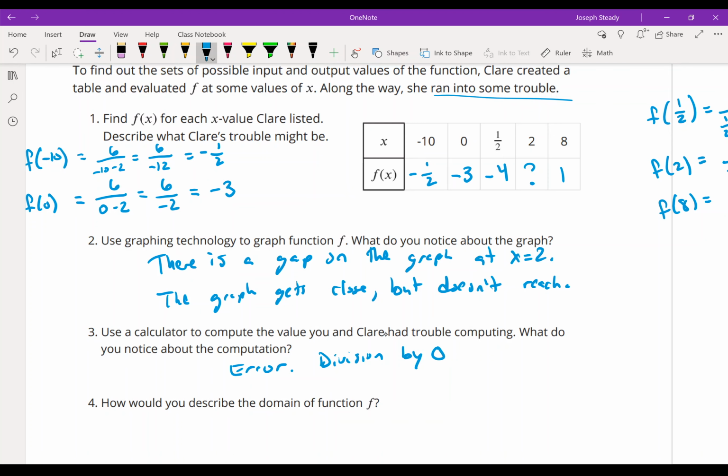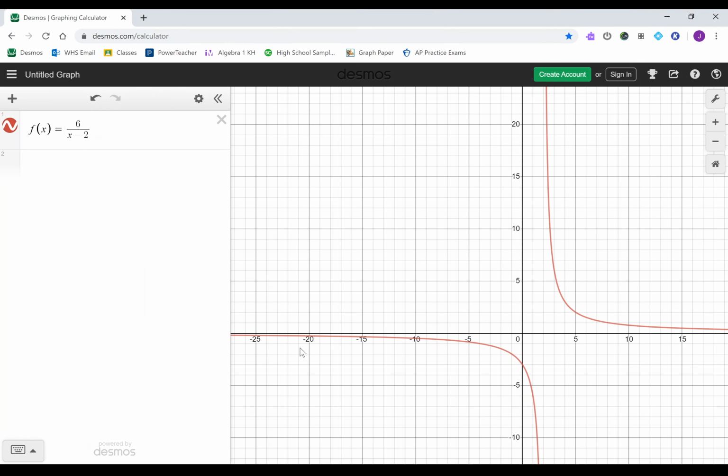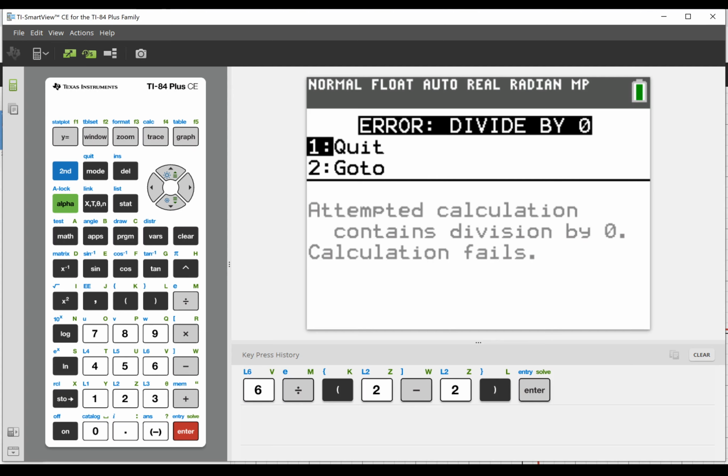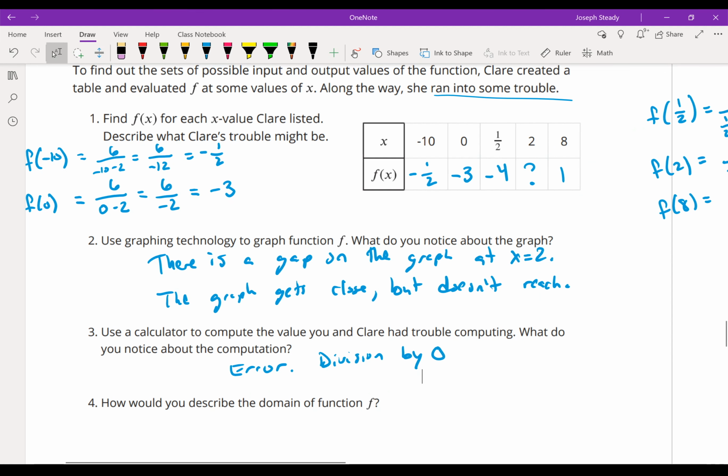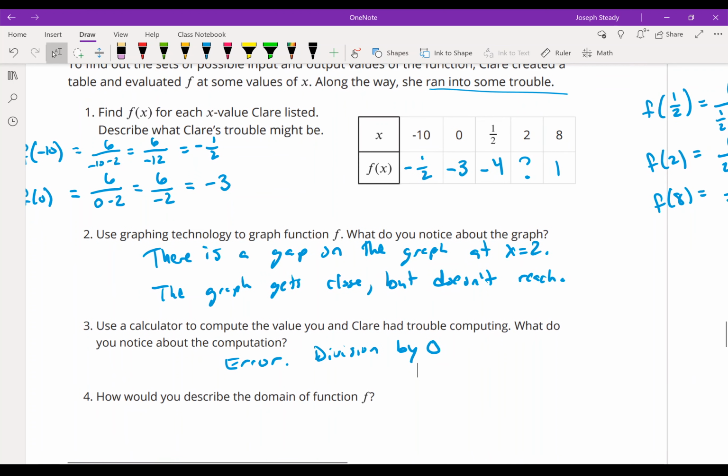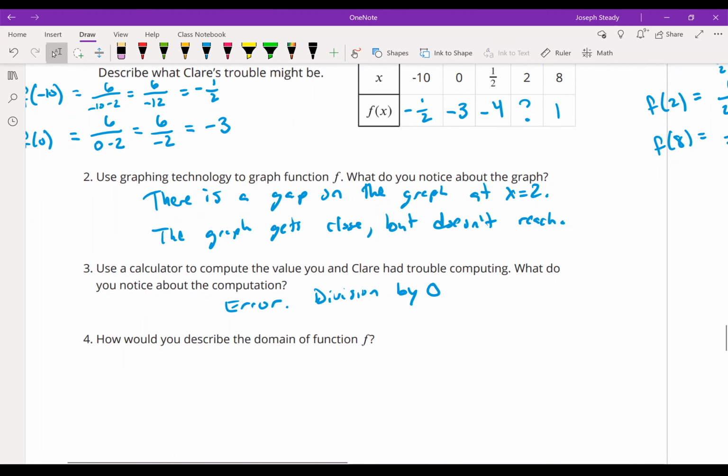So in this case, it seems like even though I can plug in pretty much any number to this, all of these numbers seem to work perfectly fine. I can't plug in 2 because that ends up dividing by 0.